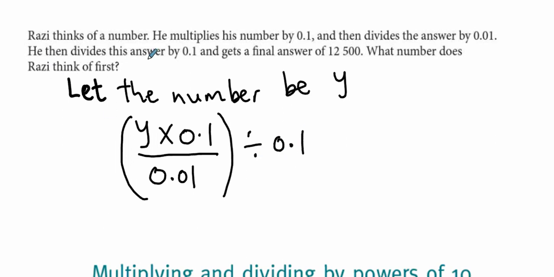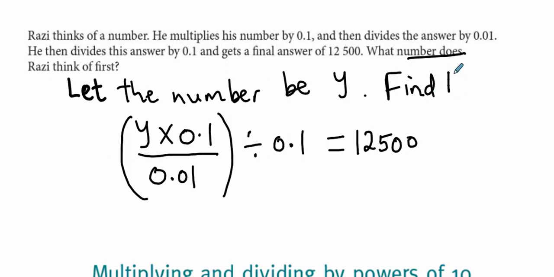Okay, he then divides this answer by 0.1 and gets a final answer of 12,500. Okay, what number does Razi think of? So that means we need to find the value of y.